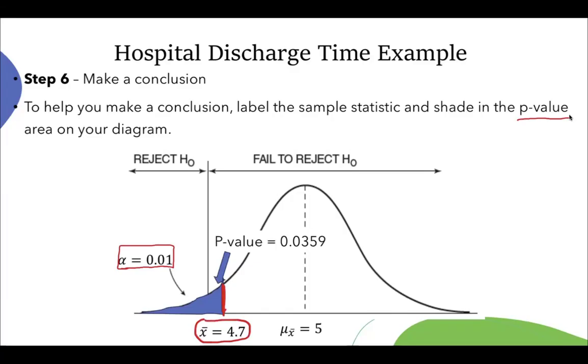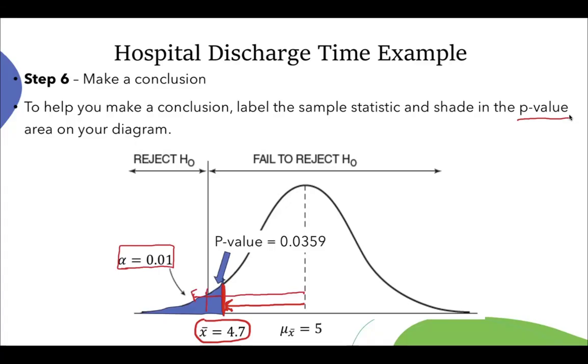So while it's true that the sample mean was less than 5, it's not considered to be significantly less than 5. For it to be considered significantly less than 5, we would have needed that x-bar to be past this vertical line here and into the critical region.